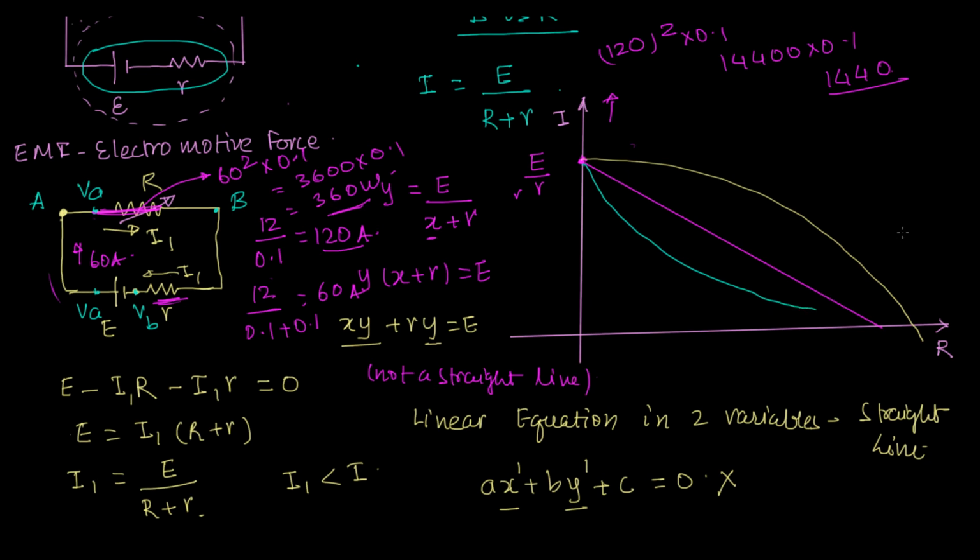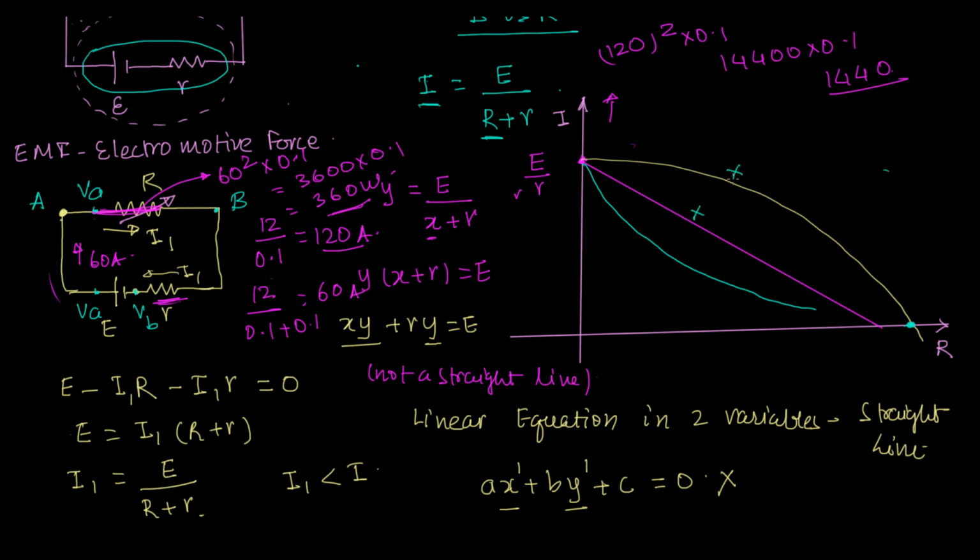If it is this kind of a curve, it tells me that for a finite amount of capital R, the current will go to 0, which will never be the case. Howsoever high you make your capital R, this current will not go to 0. It cannot.